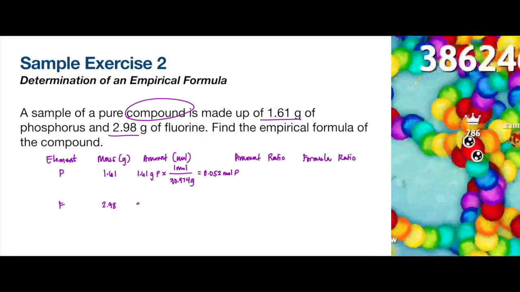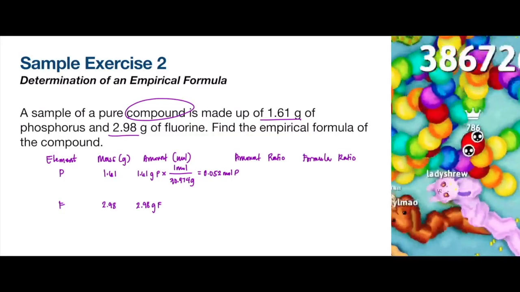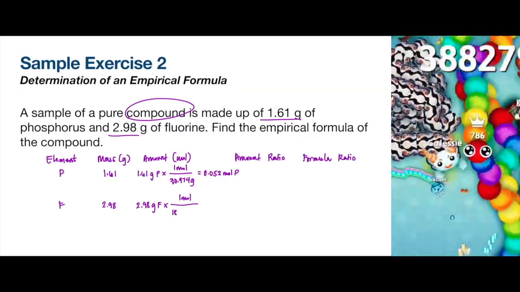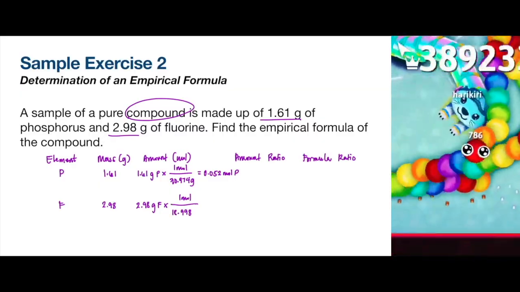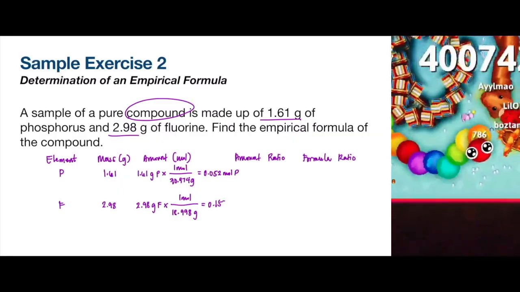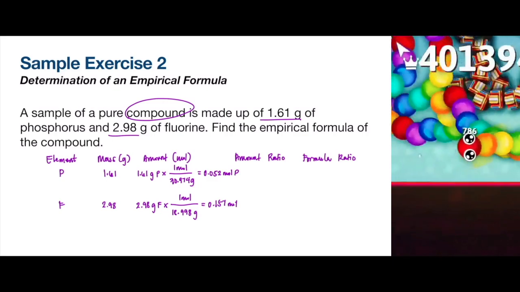On the other hand, 2.98 grams of fluorine multiplied by 1 mole over 18.998 grams of fluorine is equal to 0.157 moles of fluorine.